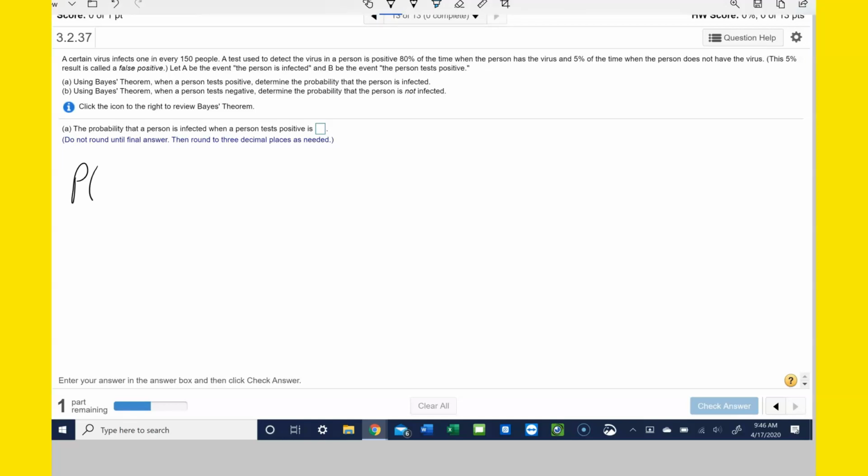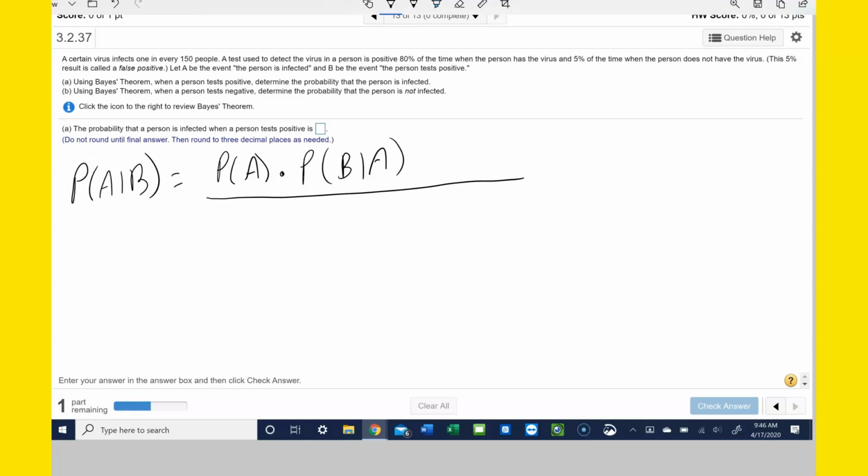The probability of A given B is equal to the probability of A times the probability of B given A, over the probability of A times the probability of B given A, plus the probability of A prime, that's the complement to A, so not A, times the probability of B given not A.